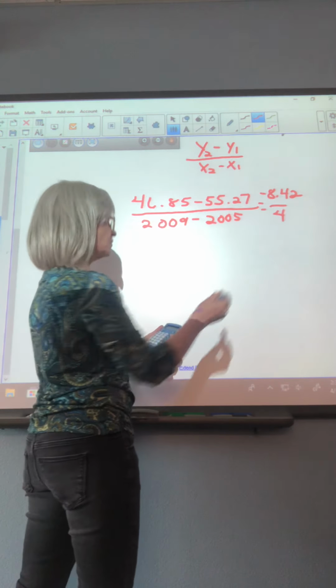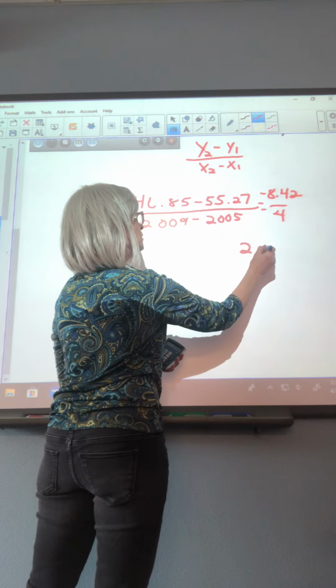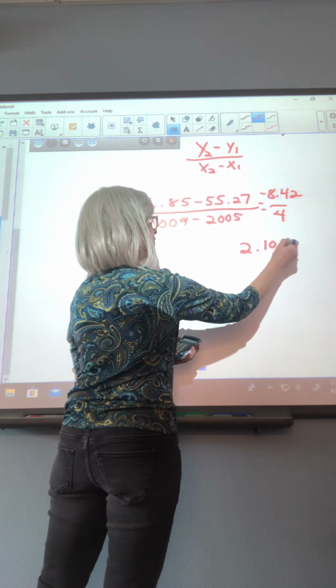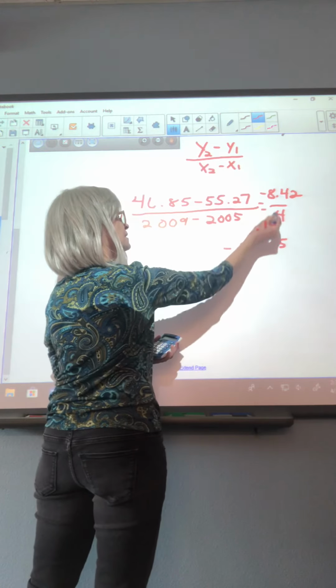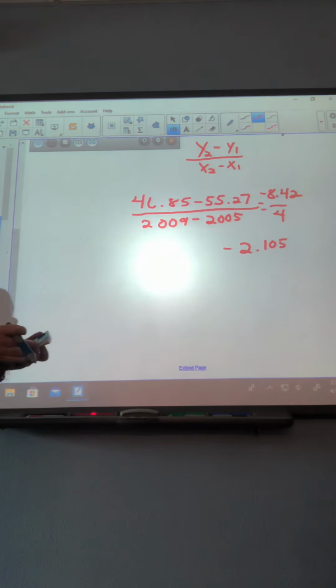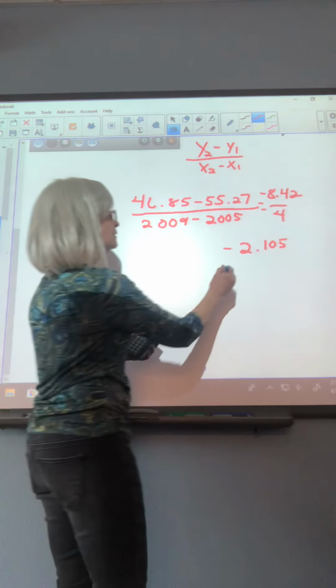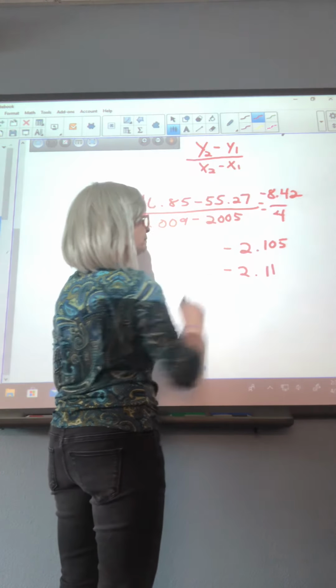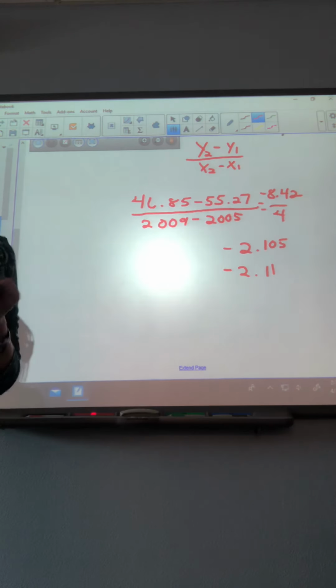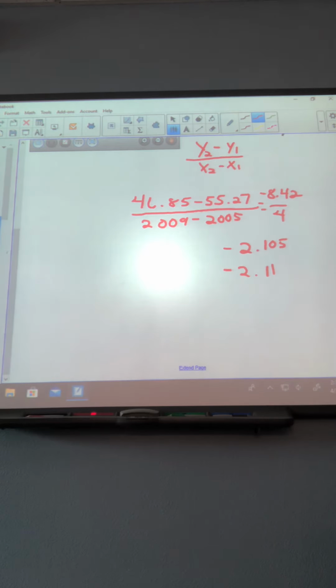And so when we do that, we get 2.105, which is a negative because a negative divided by a positive is a negative. So that's about a negative, let's round it, negative 2.11 million decrease in newspaper sales.